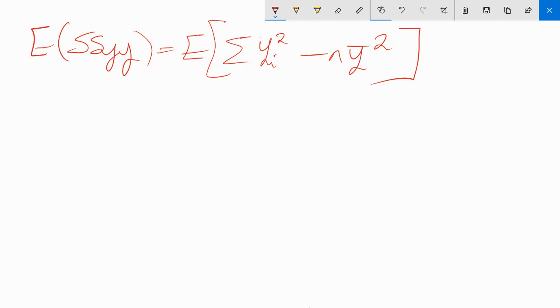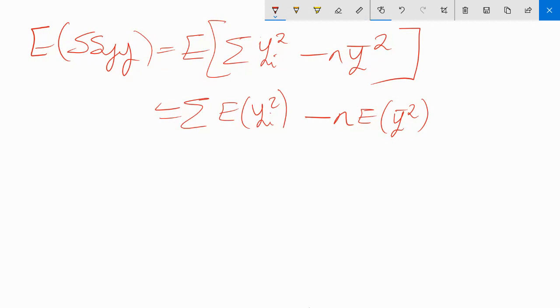So now I want the expected value of this. And now I can take this in again. It's going to be the expected value of the sum of yi squared minus n times the expected value of y bar squared. So again, I have two terms. I have to find the expected value of this and also the expected value of this and come back and plug in here. But this is easy.